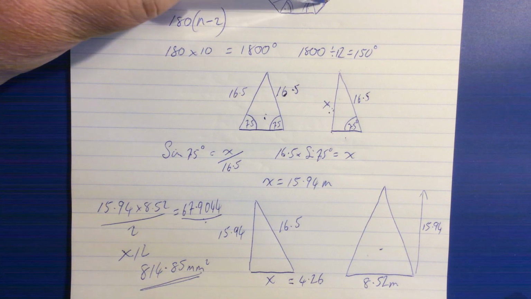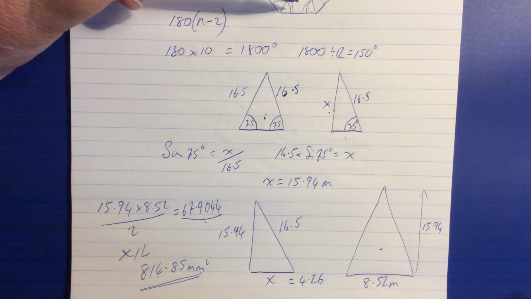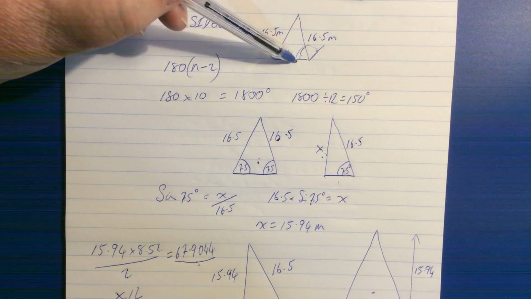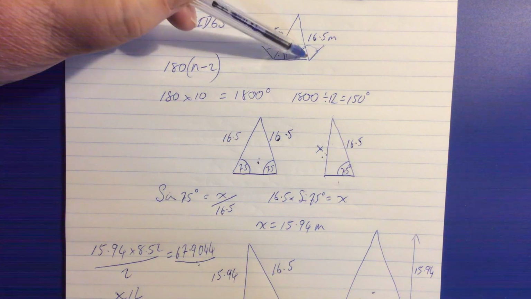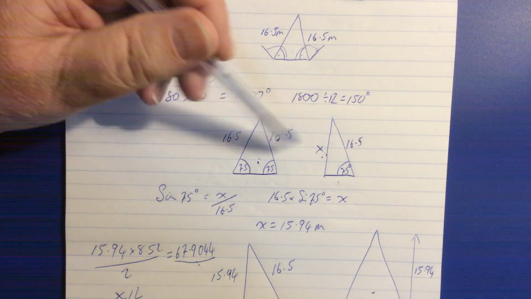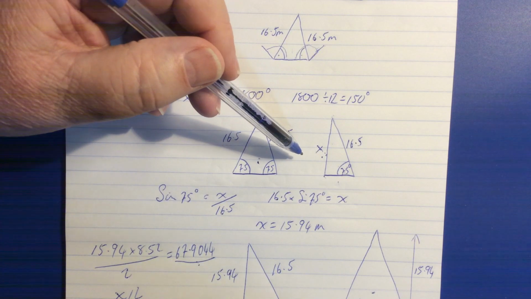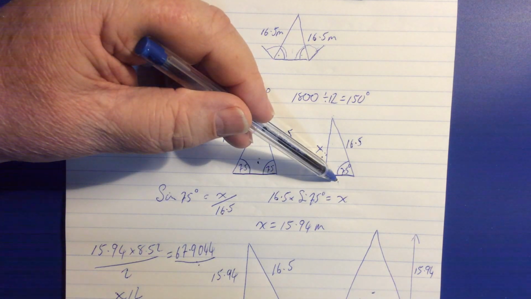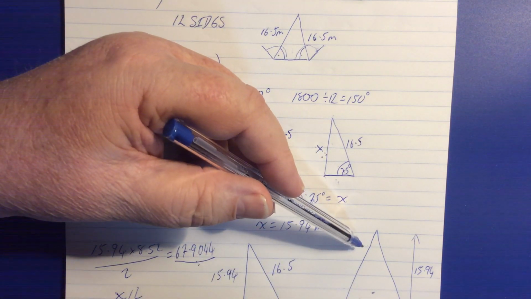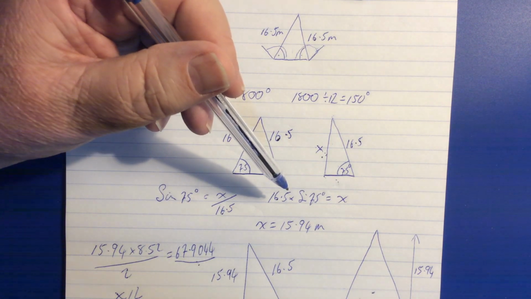The angle that I found was the total here, so all I had to do was divide that by 2 to get 75. Use a little bit of trigonometry to find that side, a bit of Pythagoras to find the base. Once I have the base, I've got the base and the height. I can find the area, and I'm in business. Simple as that.